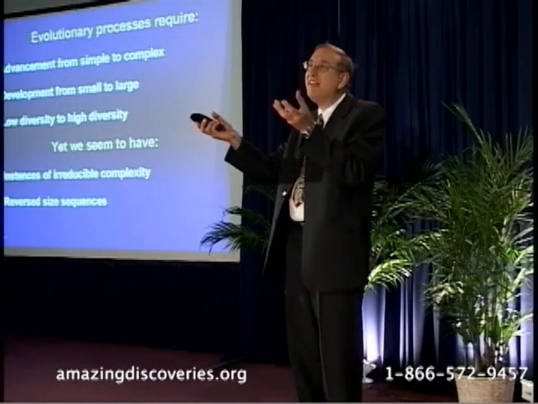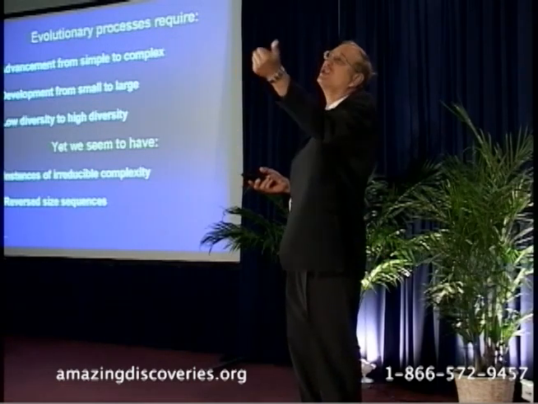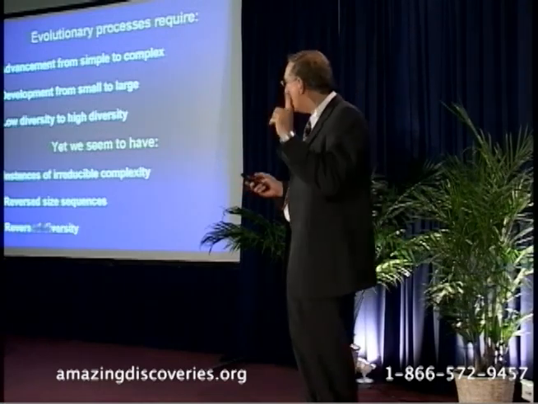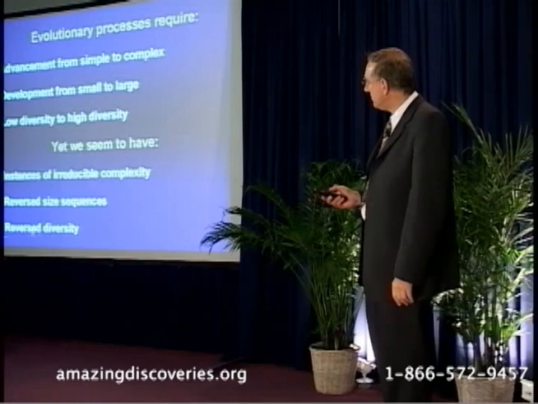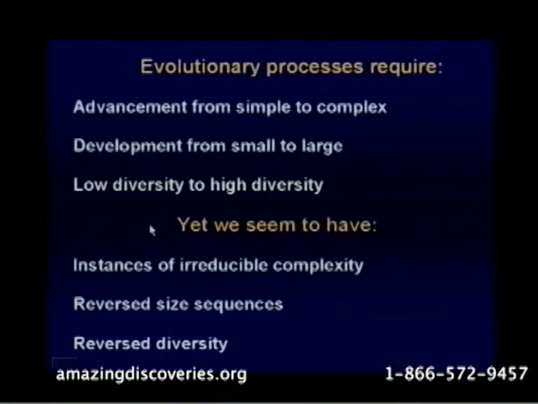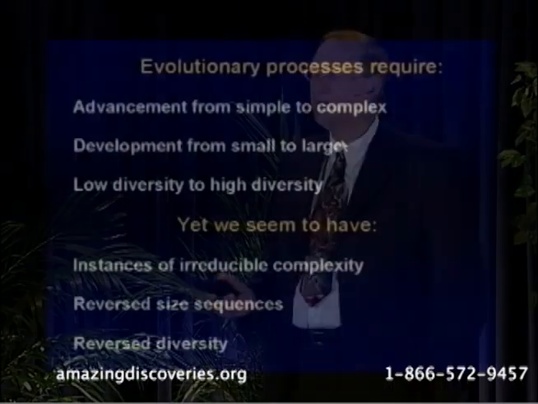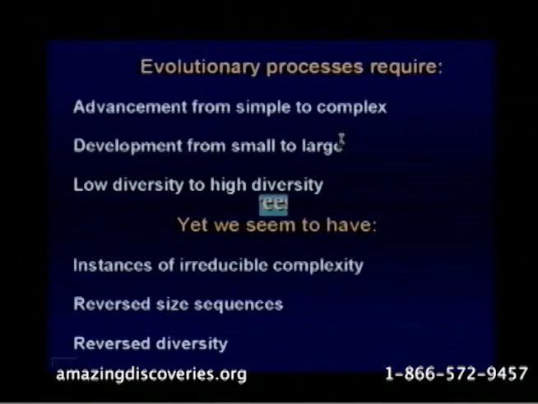Today we have but a fraction of what used to exist in terms of size and in terms of diversity. We have reverse diversity. We would expect low to high, but we find far more creatures in the past than exist today. In fact, we only have a fraction left of what used to live. So we find exactly the opposite to what is to be expected. Well, that's a problem.